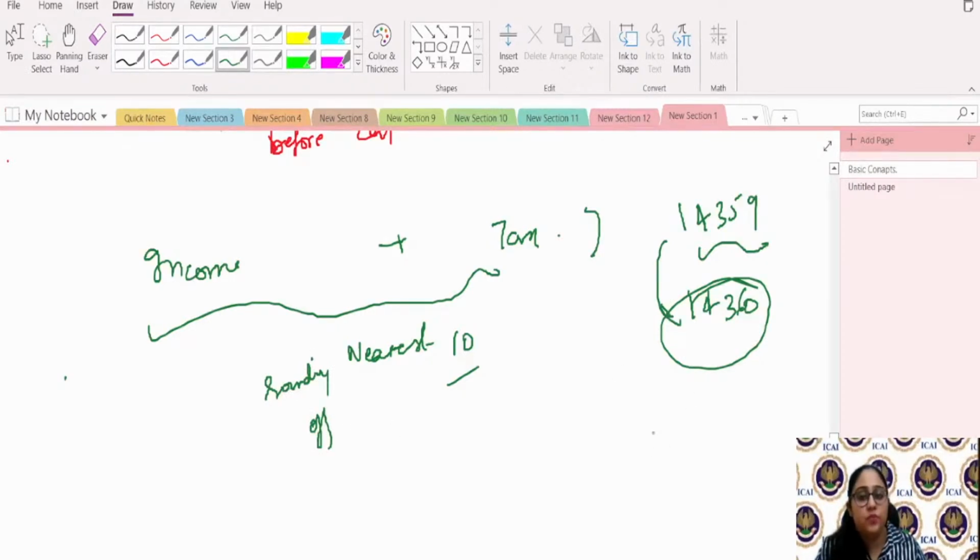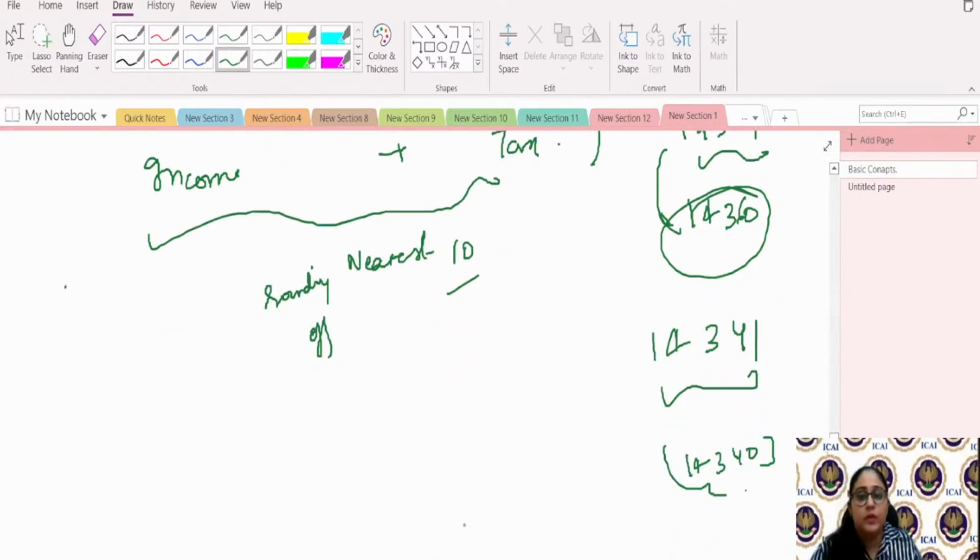If it is 14,341, so it would come to 14,340. Before 5 wala to the previous 10, 5 wala to the immediate next 10. Okay? You always have to round off your tax amount. 1 mark bhi nahi katega if you will finally give your answer like this.